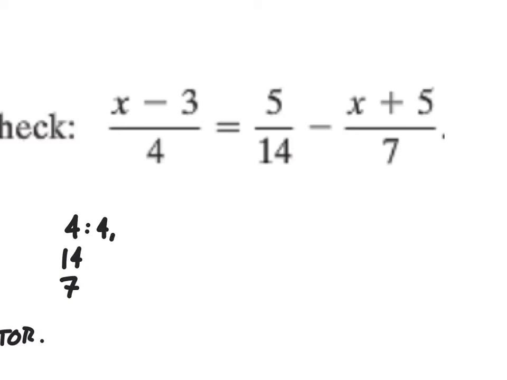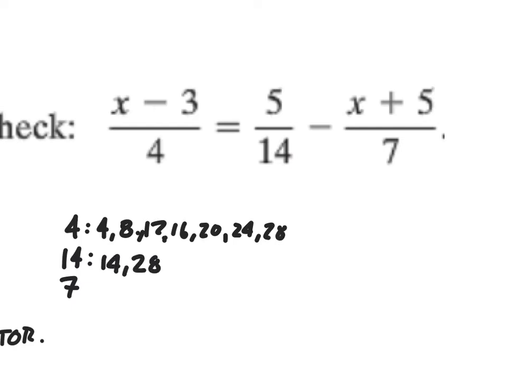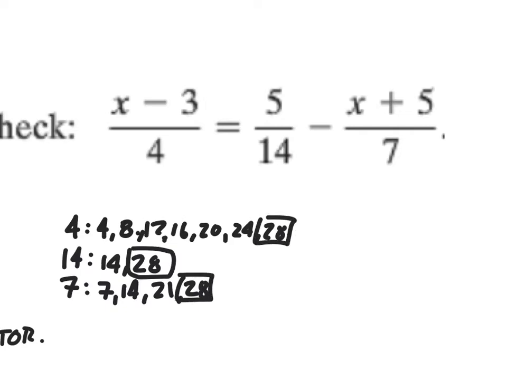I got 4, 8, 12, 16, 20, 24, 28, okay? With 14, I've got 14 and 28. Okay, with 7, I've got 7, 14, 21, and 28. 28 is my lowest number out of all those multiple lists.